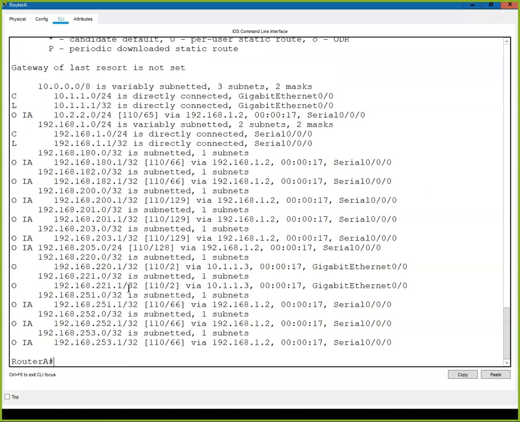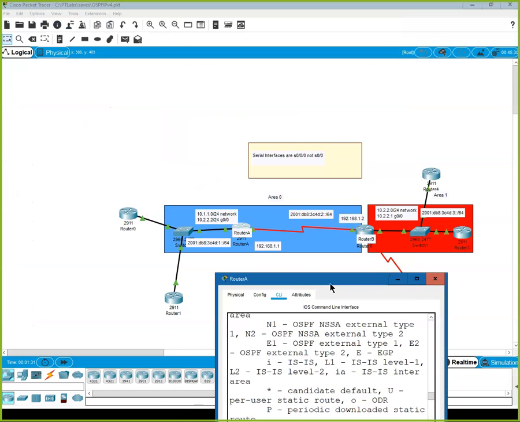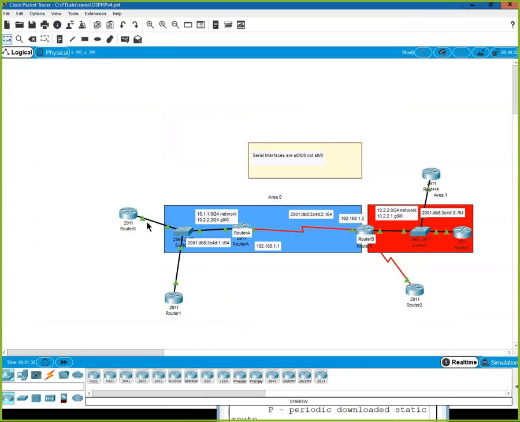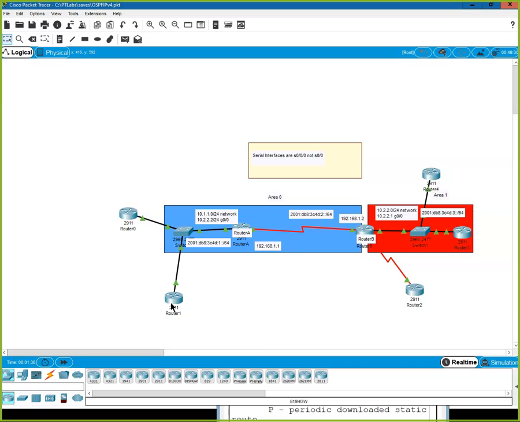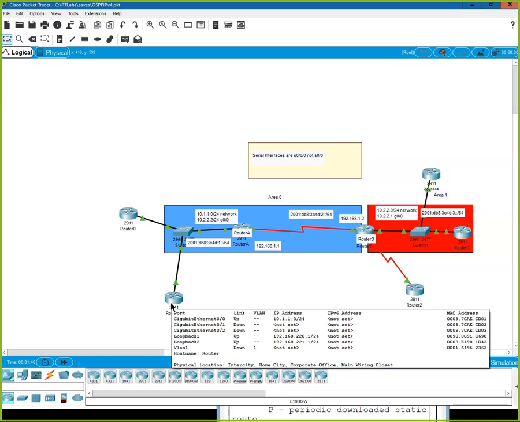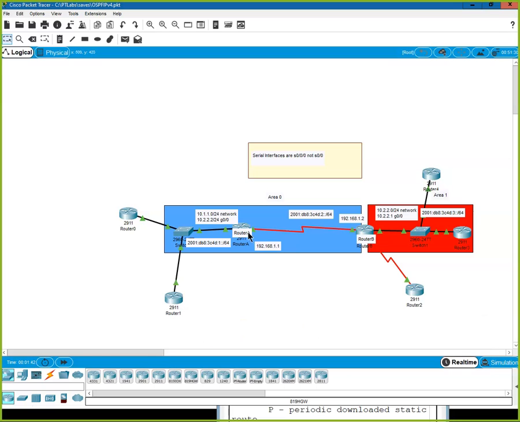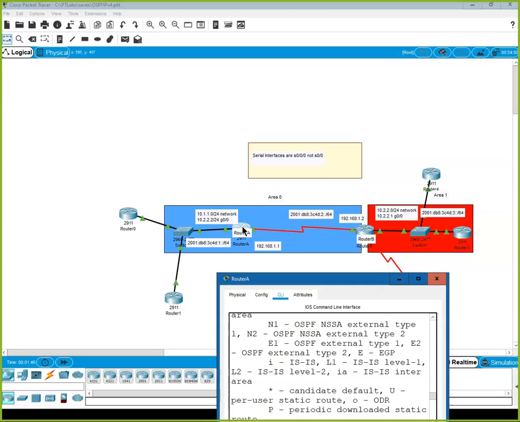Now they show up. So we have these costs here. We have a cost of 2 that's going to get us to the 10.1.1.3, and that is, I'm guessing, going to be one of these other guys, 10.1.1 here. 10.1.1.3 is on this interface. So to get to this one, the cost across this gigabit link is going to be 2.